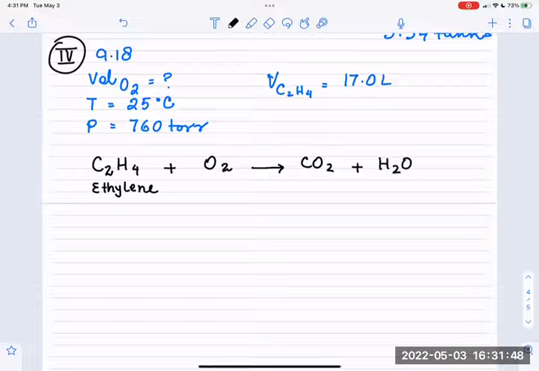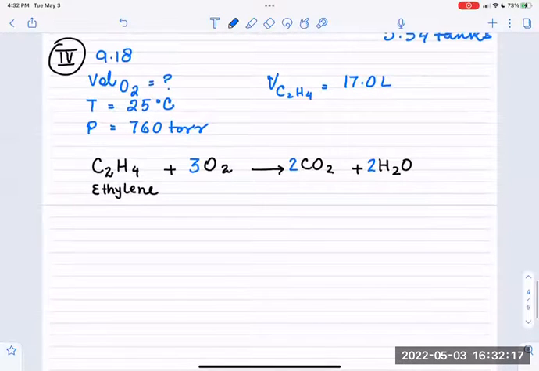Okay, now balance it. First balance carbon, so 2 carbons, then balance hydrogens, 4, and make it 2. So now we have 6 oxygens, and we can make it 6. So 2 carbons, 4 hydrogens, and 6 oxygens, 4 coming from carbon dioxide and 2 from the water.